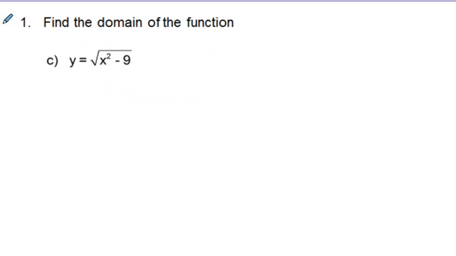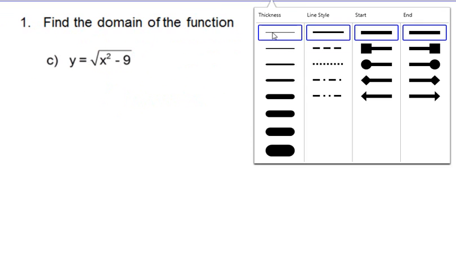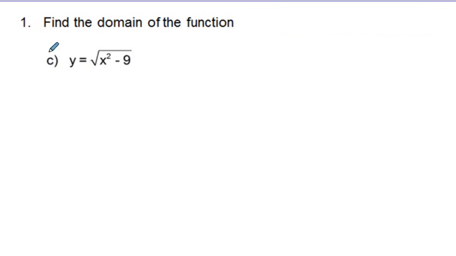Next, we have this one, y equals the square root of quantity x squared minus 9. We have to take the quantity inside the square root bracket and set it greater than or equal to 0. We can work this out a number of ways.